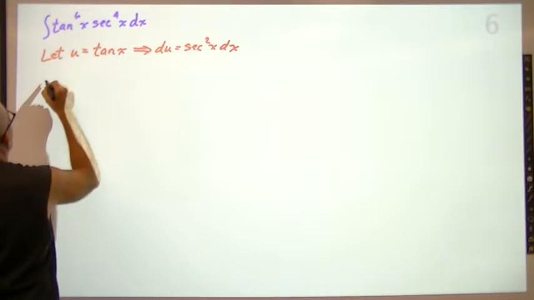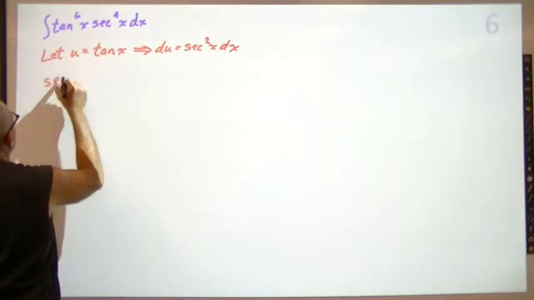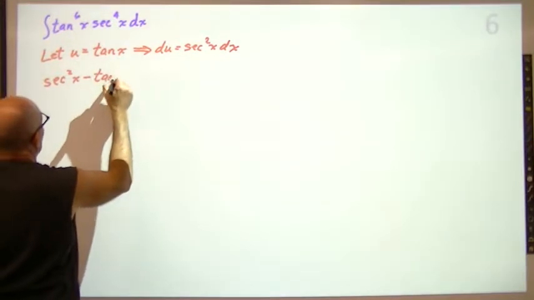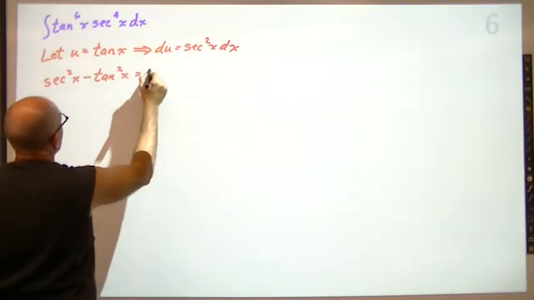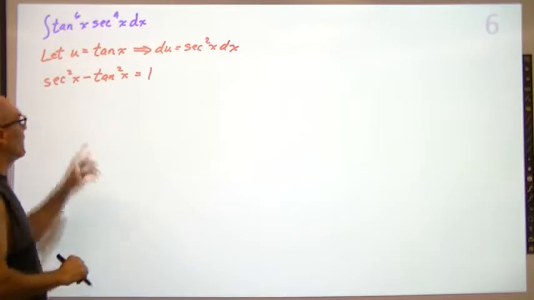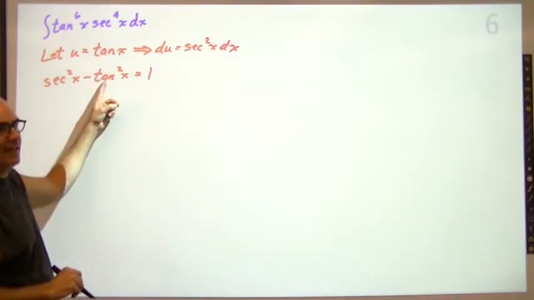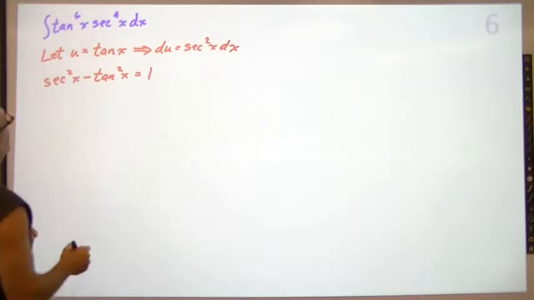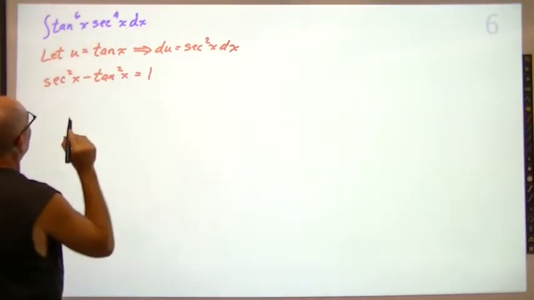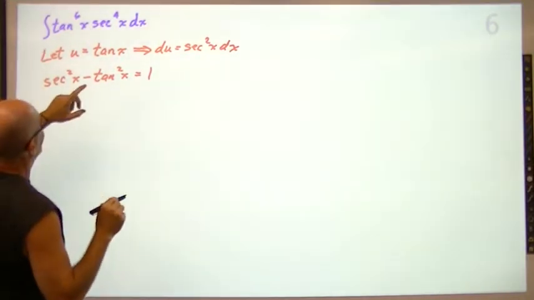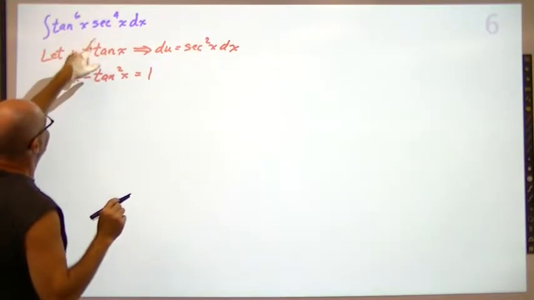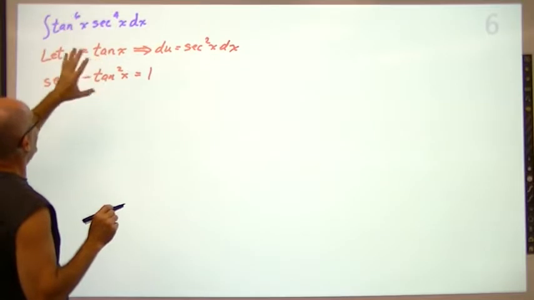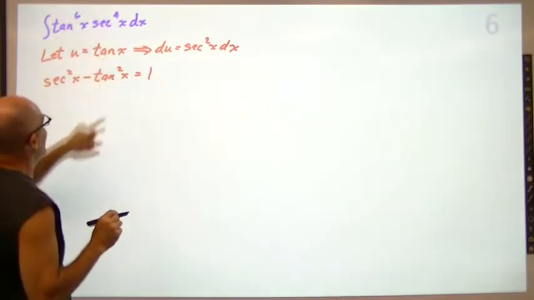Well, we know that secant squared minus tangent squared equals 1. S comes before t, and there's a minus there. So now what that means is that u is tangent, so we want everything in terms of tangent.